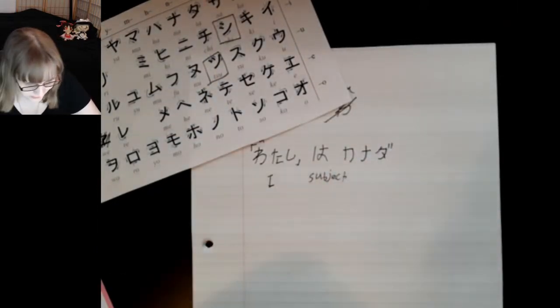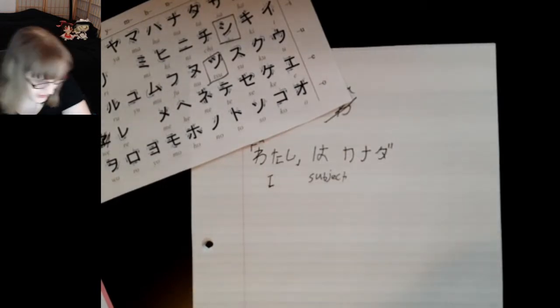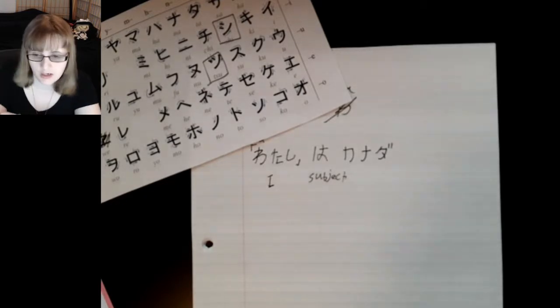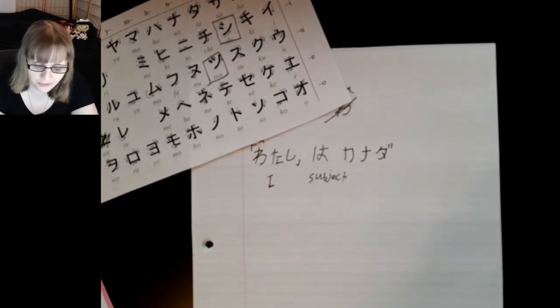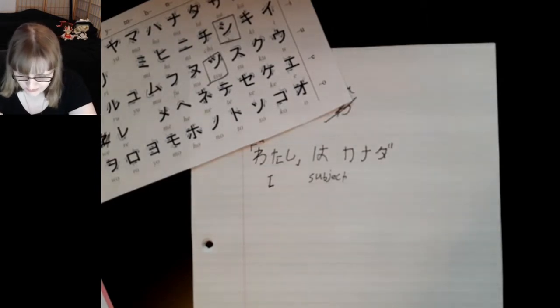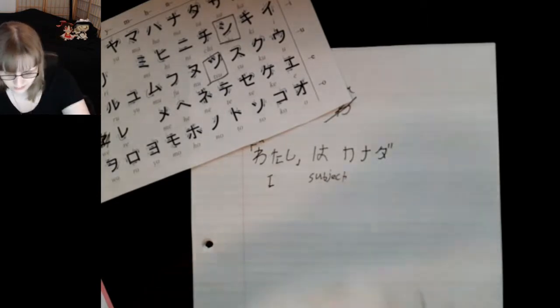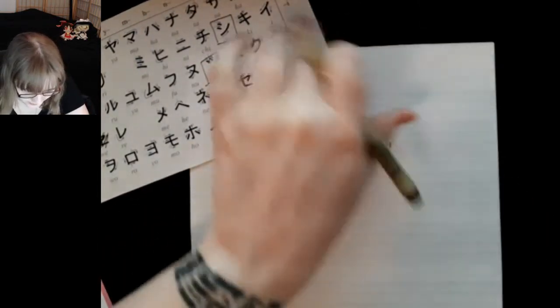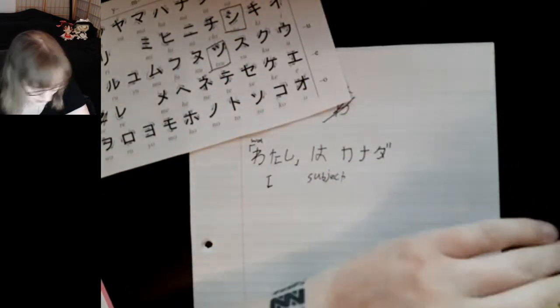Kanada jin. Now, jin is the way of saying person in Japanese. The other thing I'd normally use on a sentence is go, which is the language. So by saying jin, I am saying I am a Canadian person. I won't use the kanji yet, just to make things easier.